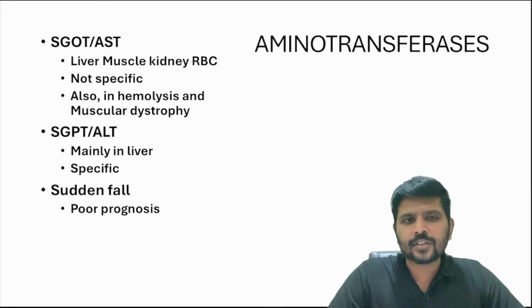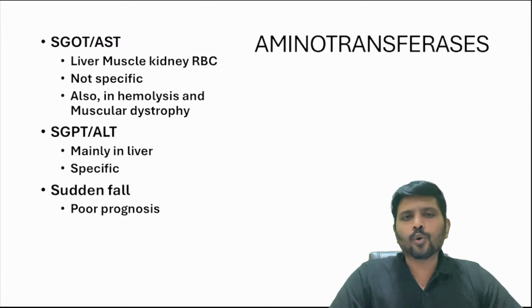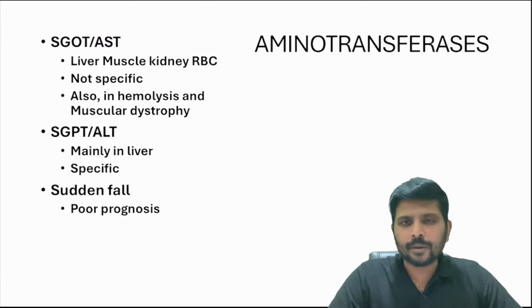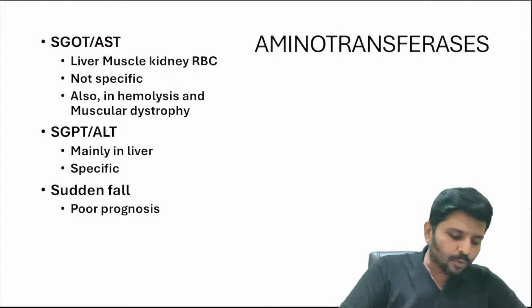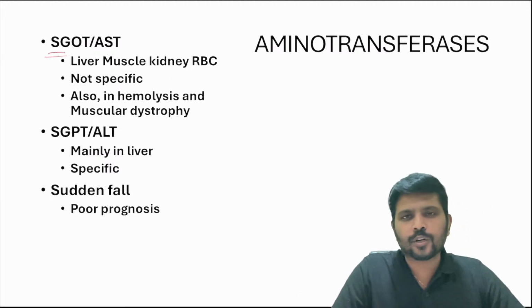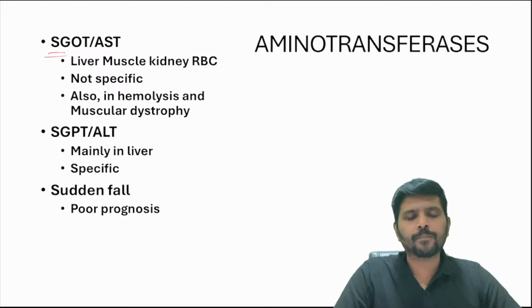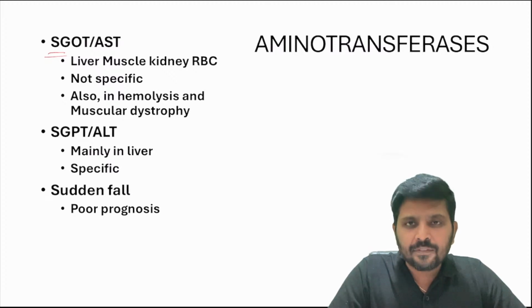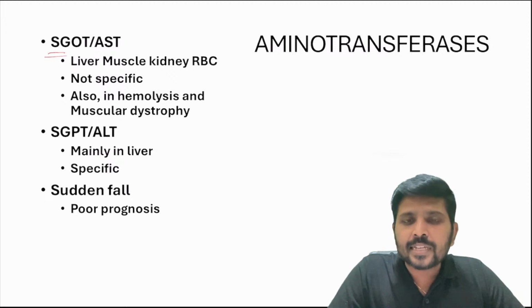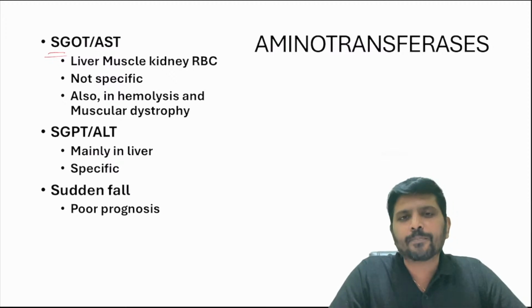Aminotransferases. As we discussed already, there are two types of aminotransferases. Your SGOT or AST, and your SGPT or ALT. Remember, your SGOT, if it is increased, normal value is less than 40 international units per liter, both SGOT and SGPT. SGOT is present in liver, RBC, heart, etc. So when SGOT is increased, it doesn't mean that it is liver parenchymal injury.